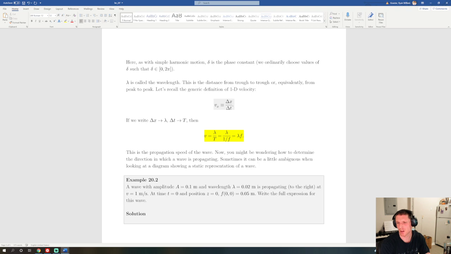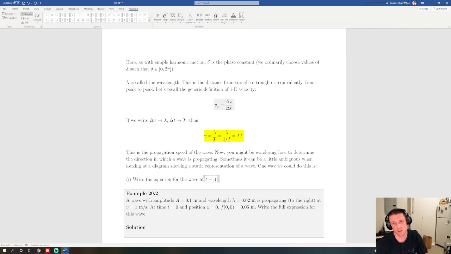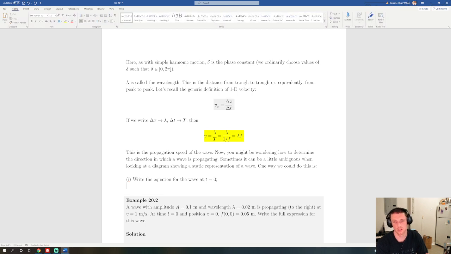So one way we could do this is like this. We write the equation, and I'm not going to do this as part of the video because, like I said, I want to have you do this for the homework assignment, but I'm going to tell you how you do this. We write the equation for the wave at time t equals 0. We just look at that equation, the a cosine and so on, and plug in a 0 everywhere we see t.